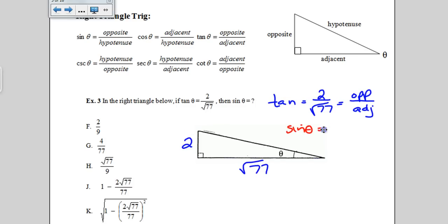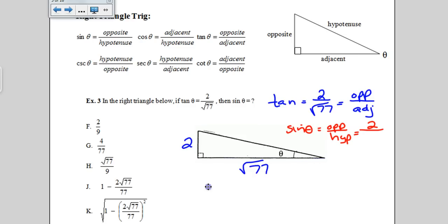Well, sine, remember, is opposite over hypotenuse. Well, I have the opposite, 2. I don't think I know the hypotenuse. Not yet, at least. But I bet I can figure it out. Let's try some Pythagorean theorem.